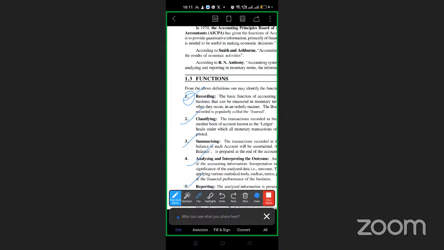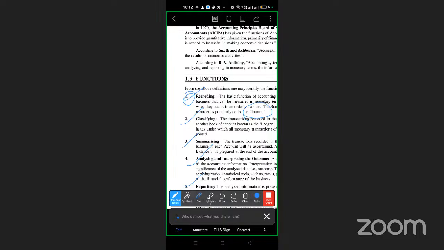That book, where we first write whatever transaction or activity is taking place which is measurable in monetary terms, is called the journal. For example, if I am selling or purchasing some goods, or giving salaries, I write that entry in a book, and that daily record is called the journal.